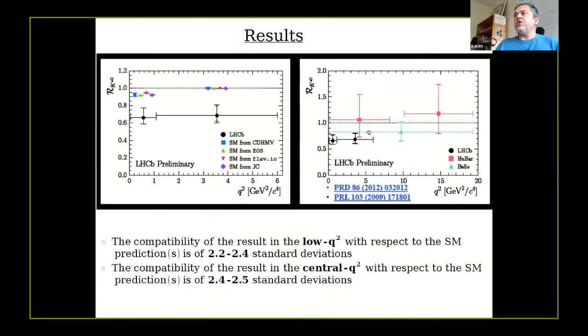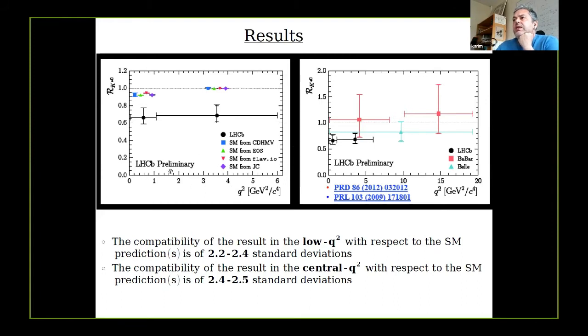So why I show those results is because they are, as you probably know already, some of the hot topics in the field, where people have observed, or at least seen some evidence of, deviation from the predicted value. I was talking about different Q square values.